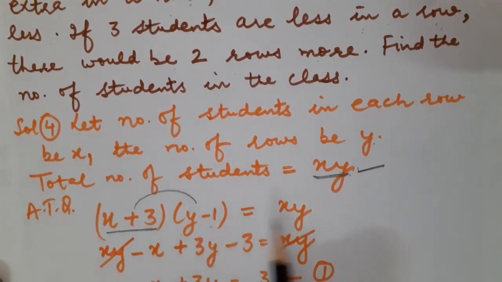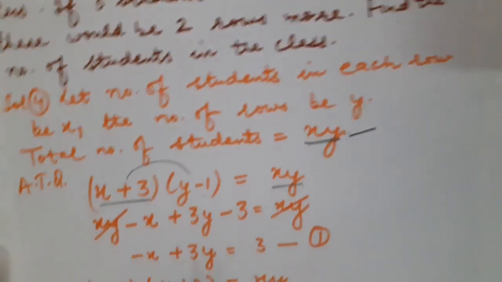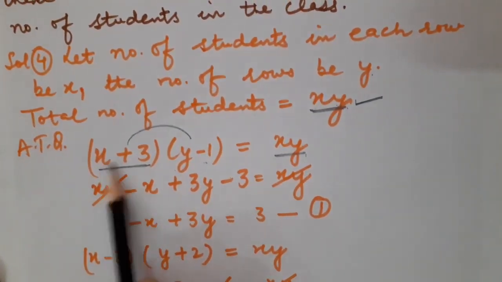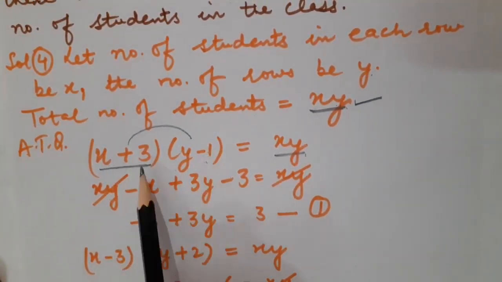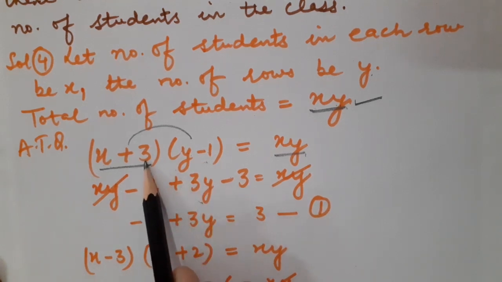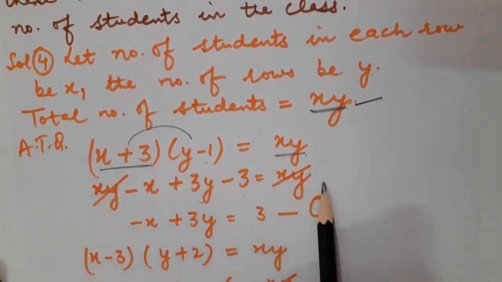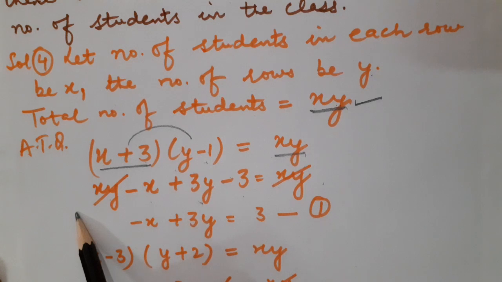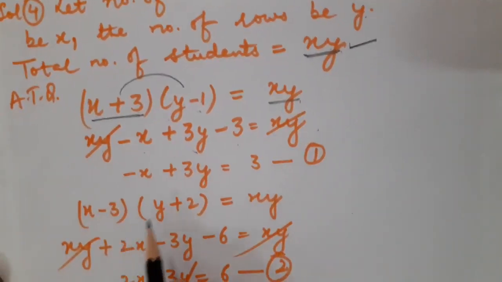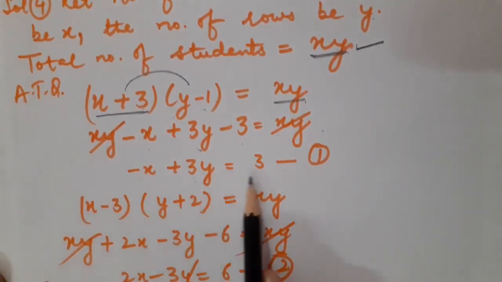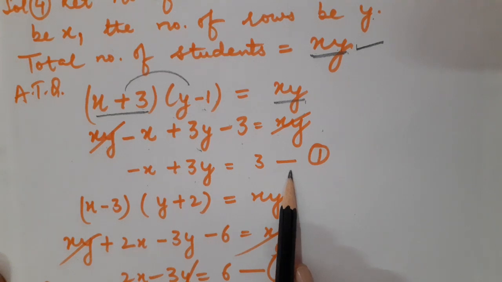But the same strength will be there, that is xy. Clear, children? So after simplifying, xy minus x plus 3y minus 3 is equal to xy. xy and xy both are going to be cancelled. So you have got minus x plus 3y is equal to 3. This is equation number 1.